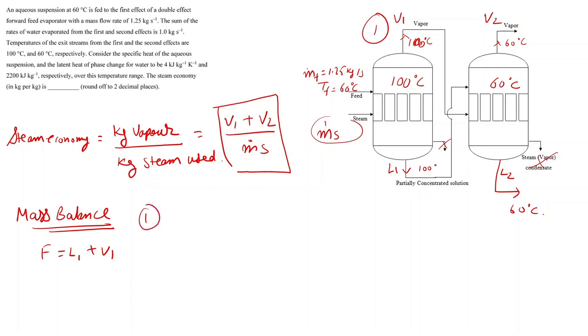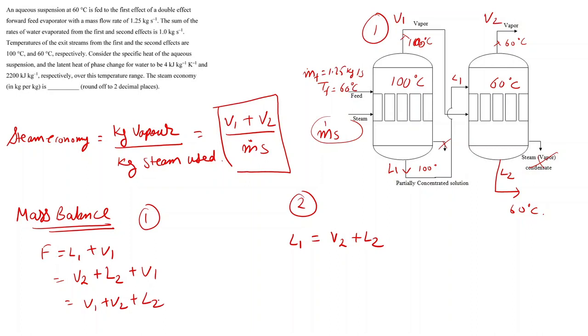Similarly for the second effect evaporator, L1 becomes the input, so L1 will be equal to V2 plus L2. Now we can replace this value of L1 in the mass balance for evaporator 1, and we obtain F is equal to V2 plus L2 plus V1.